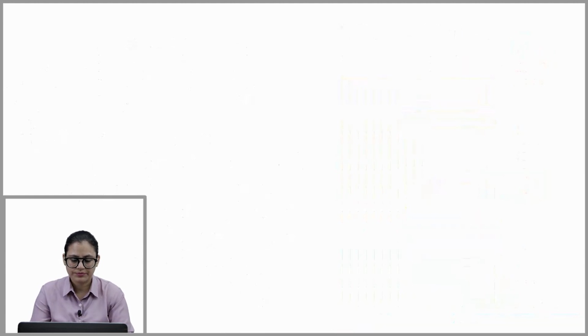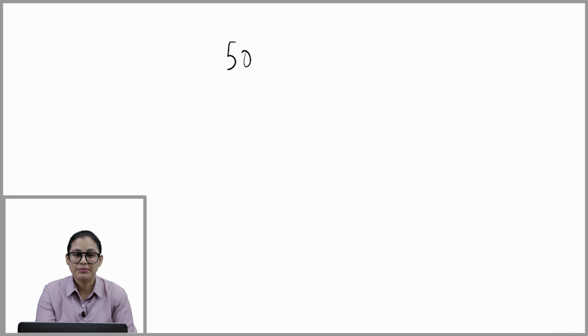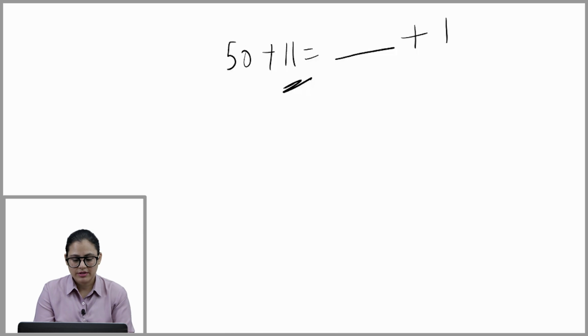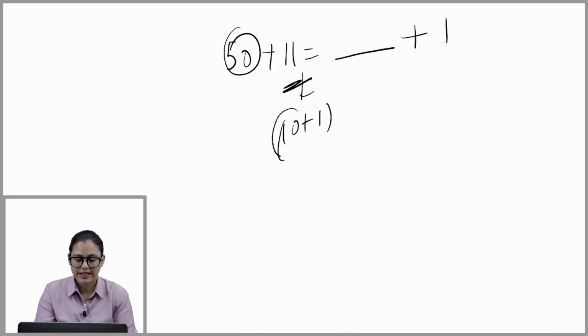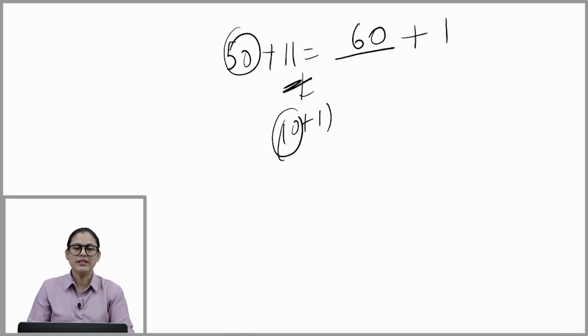Let's see how to do it. 50 plus 11 is equal to dash plus 1. We can expand 11. This is 10 plus 1. Now 50 plus 10 is 60 plus 1. So similarly, all the parts will be done by this method, right?